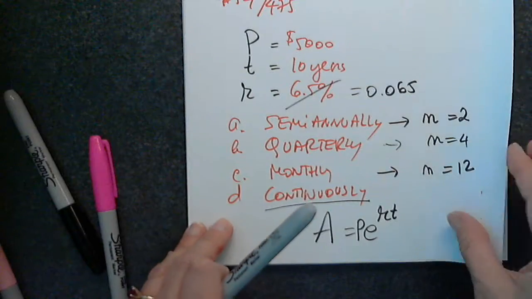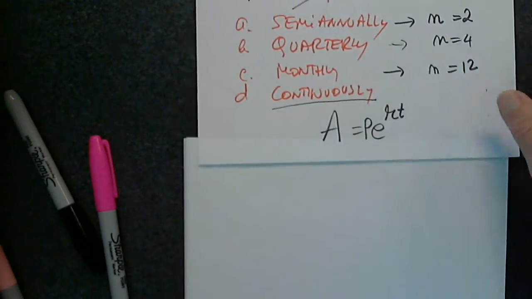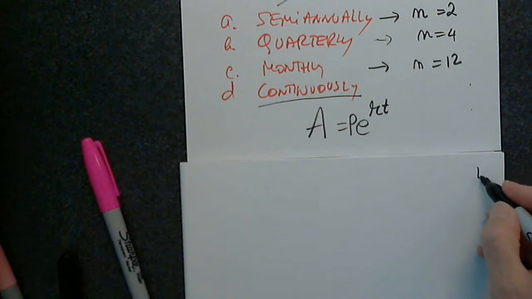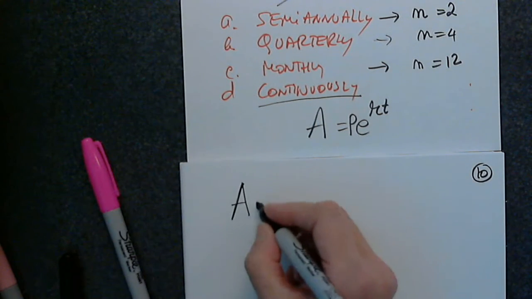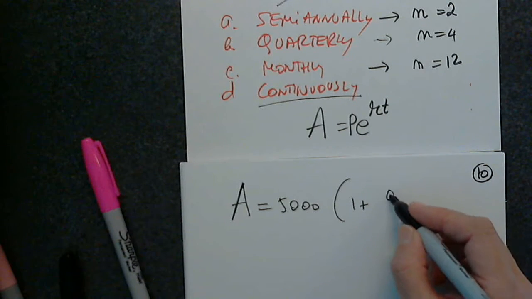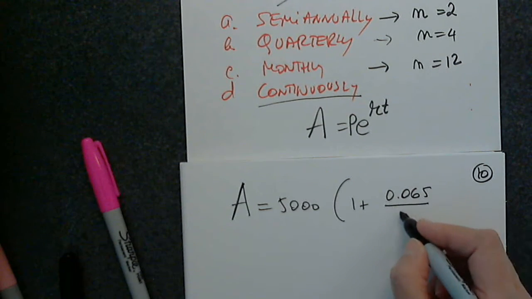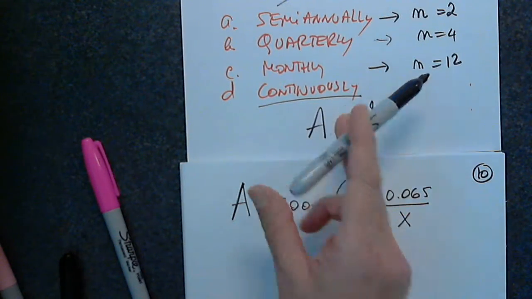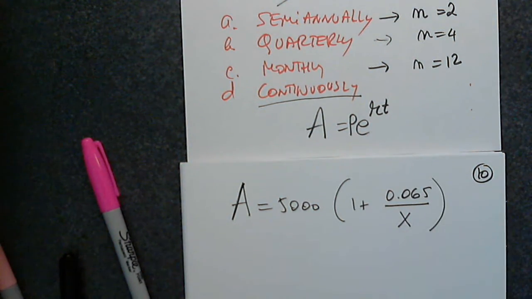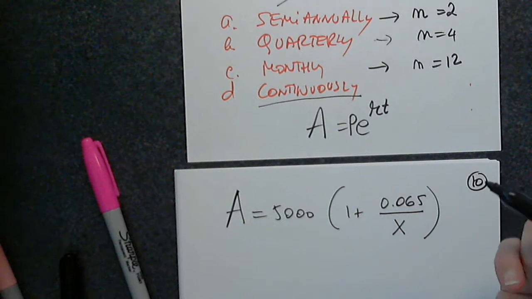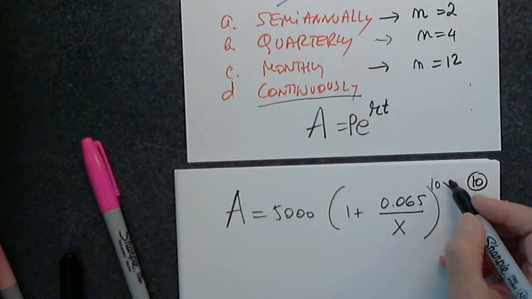So in the graphing calculator, I would like us to do this. Put in all the information we have. So A equals 5,000, in parentheses 1 plus 0.065 divided by x, because x will change from 2 to 4 to 12, raised to its power, it's nt, which is x times 10 years, or 10x.